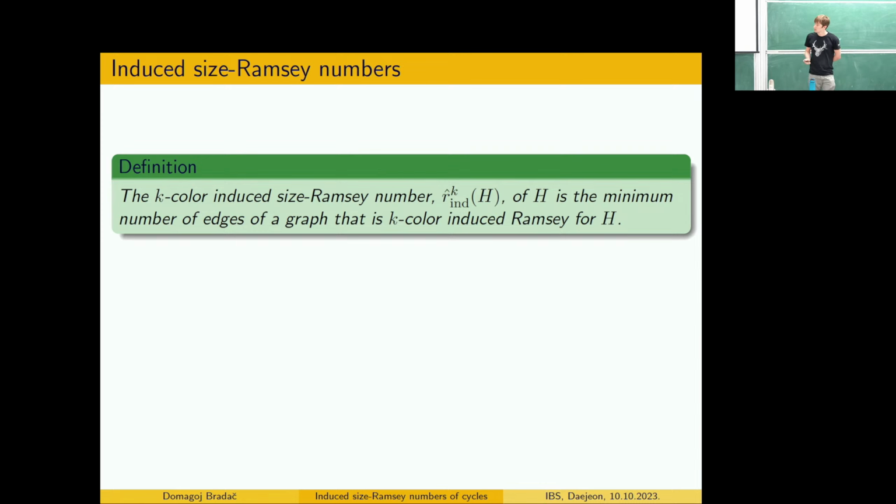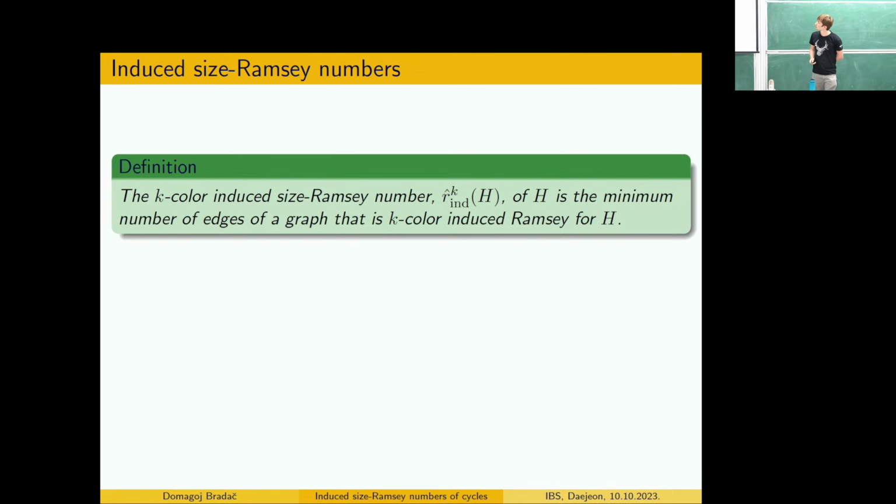Okay, so just to be clear, I give you a number of colors k, I give you a graph h, find me a graph G with as few edges as possible, such that no matter how you k-color the edges, you can find the monochromatic copy of h, which is an induced subgraph in the host graph, so there could be no other edges on this set of vertices.